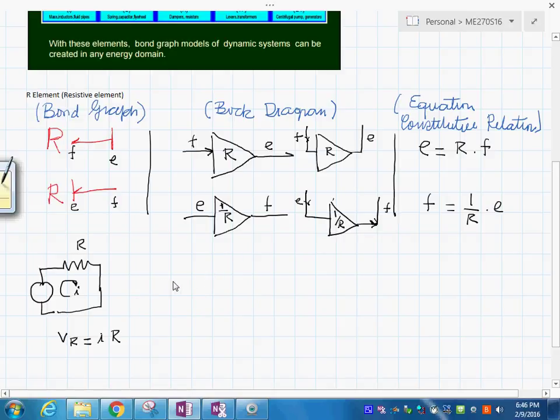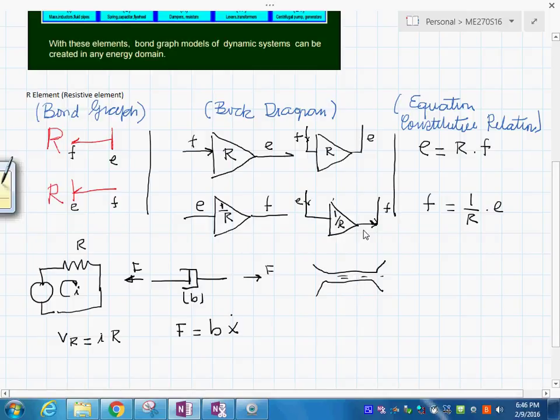If you go on to the hydraulic domain, you have a very similar situation, or this probably is not the best example. Let me erase this one because I don't like it. Why don't we just do this? This is going to be a valve. So we have in here a pipe like this, and we put a valve in here like that.